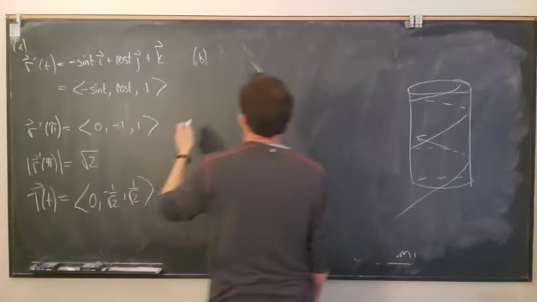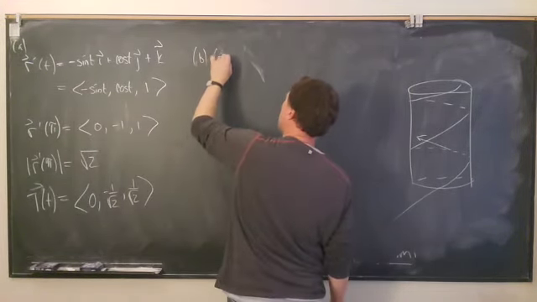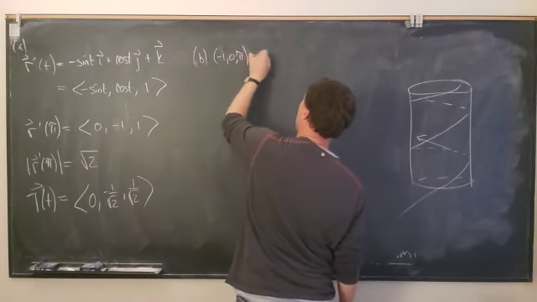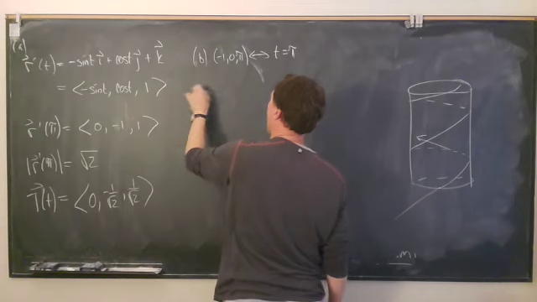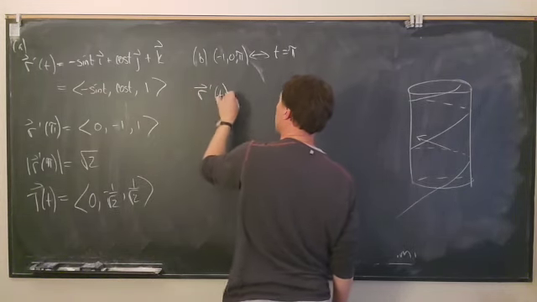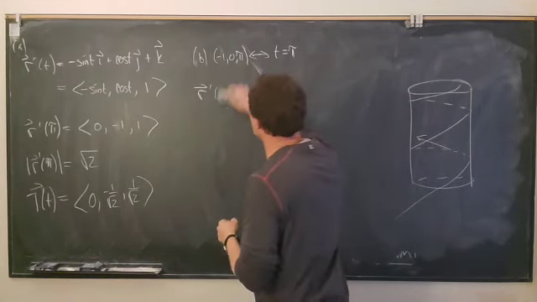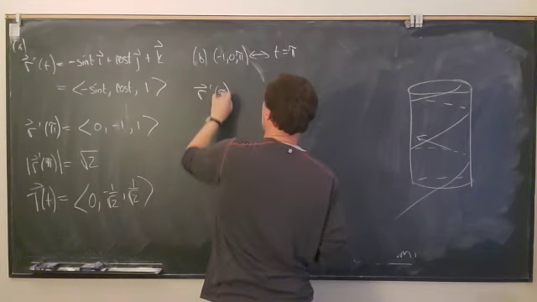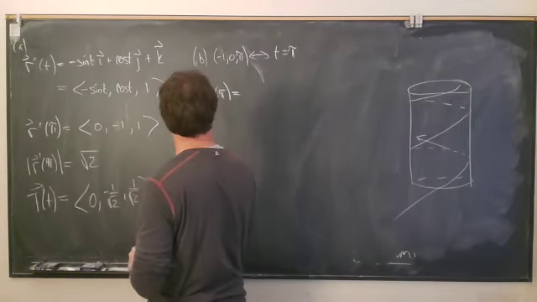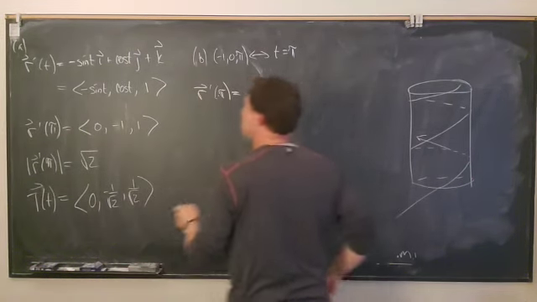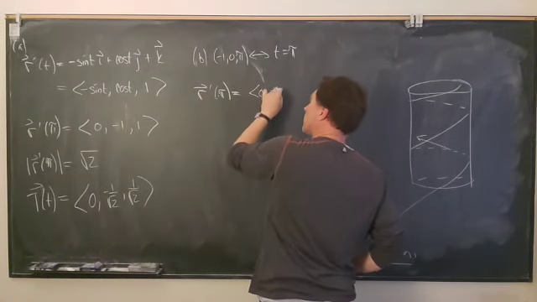So for part B, minus 1, 0, pi corresponds to t equals pi. And so our direction vector is going to be r prime of pi, which I already did, good. r prime of pi, which is 0, minus 1, 1.